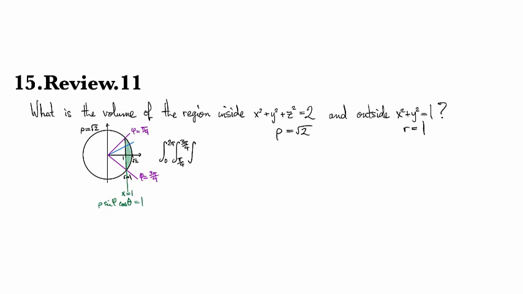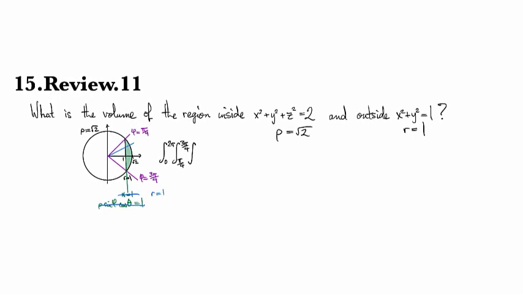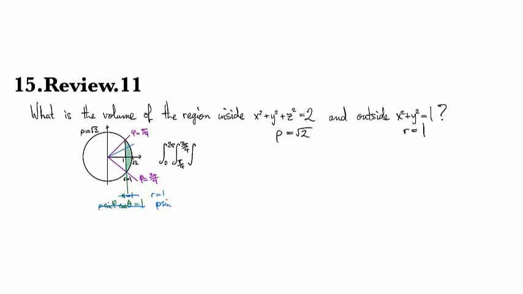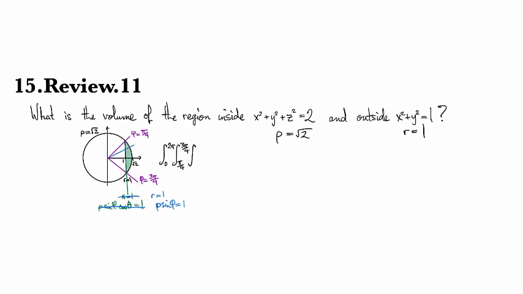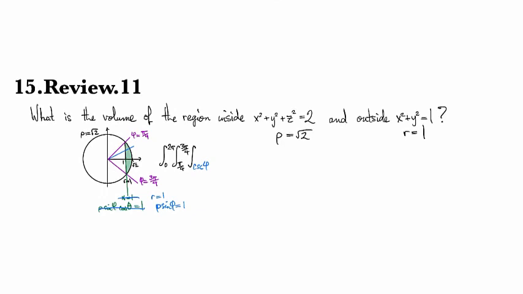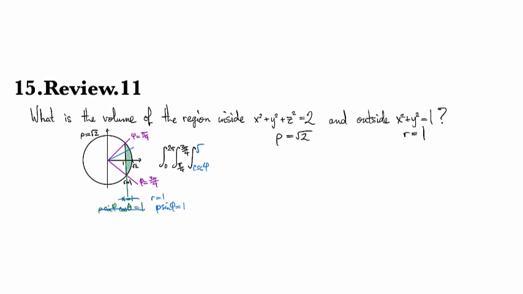So instead, let's consider it as r equals 1. And in this case, it's rho sine phi equals 1. And then I get the much simpler rho equals cosecant phi for my starting point. So I'll go with that one. And then the outer bound is just going to be root 2, as we saw before.